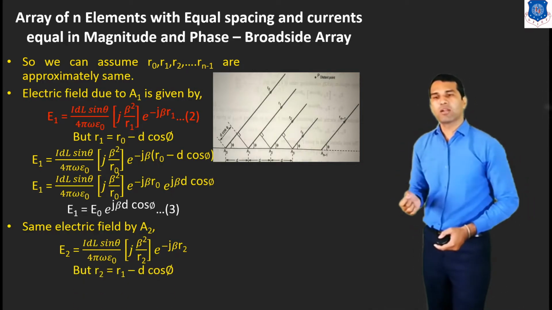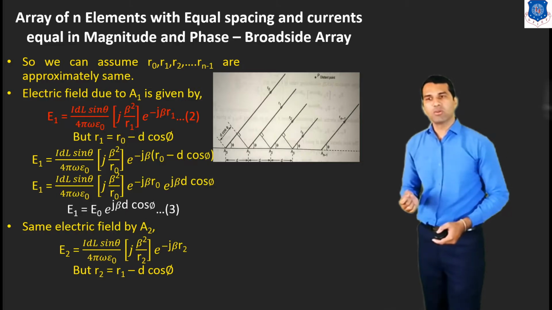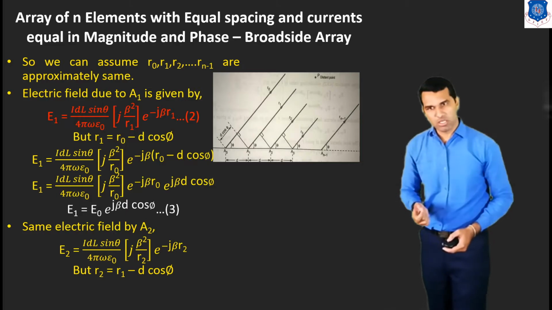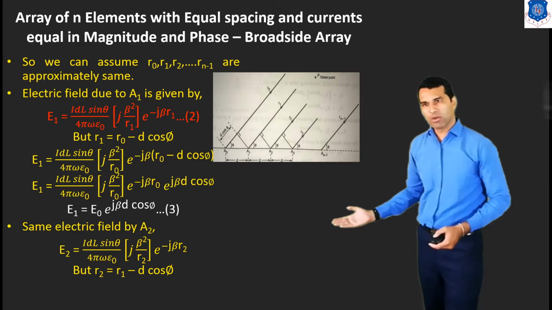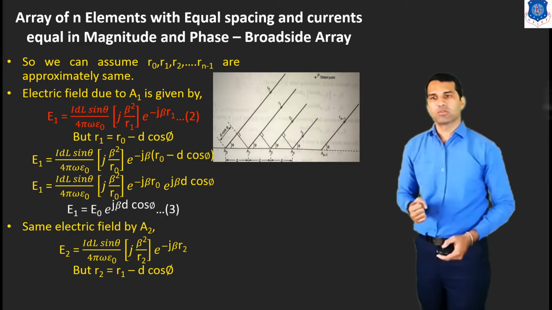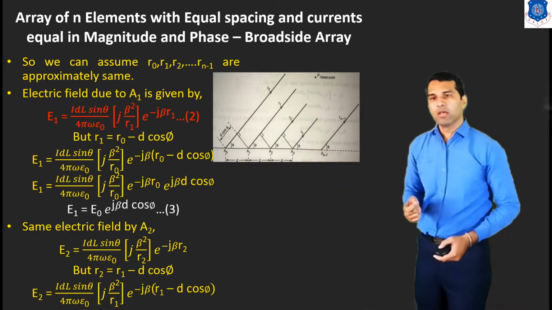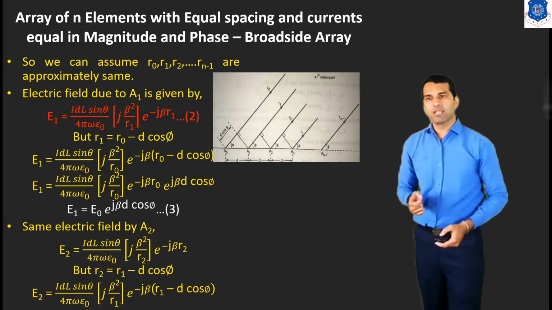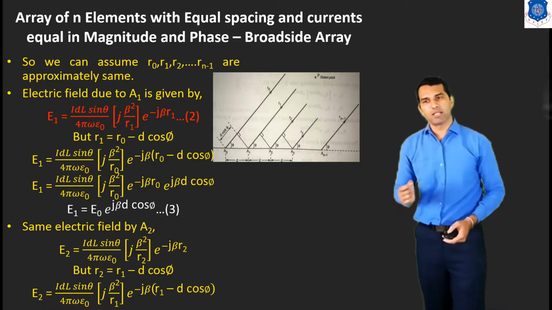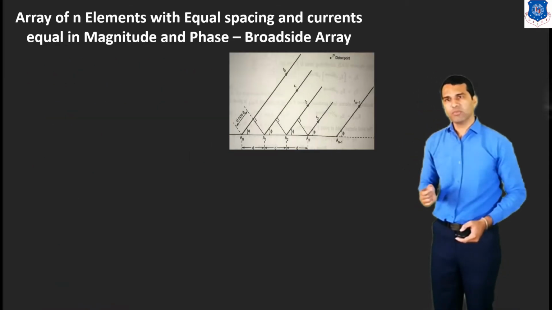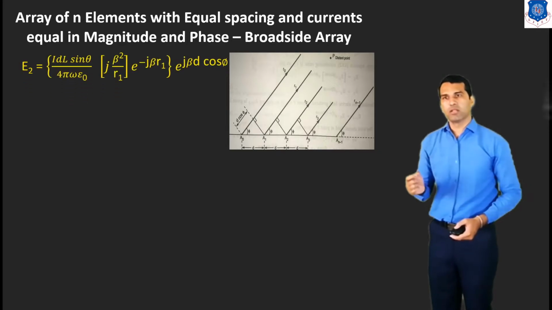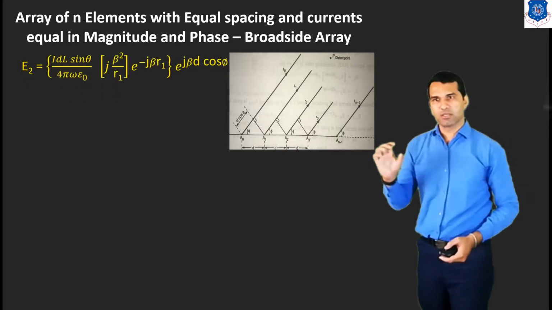Instead of r2 we can write r2 equals r1 minus d cos phi. So now we put the value of r2 in this equation, and we write e raised to minus j beta (r1 minus d cos phi). Now we solve this equation as in the previous case.